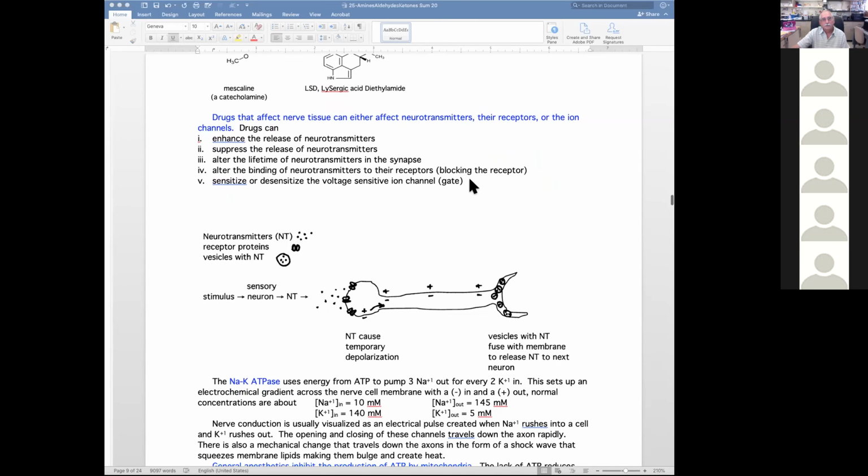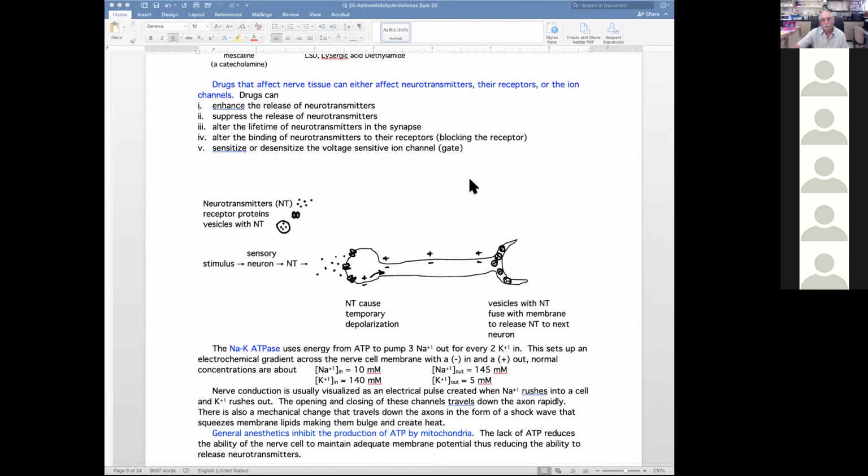So drugs that affect nerve tissue can either affect neurotransmitters, the receptors, or the ion channels. So what can a drug do? It can enhance the release of neurotransmitters, or it can suppress the release of neurotransmitters. In other words, I didn't draw the sensory neuron, I just put the rest of the neuron over here.